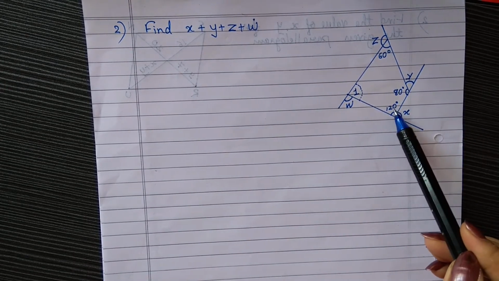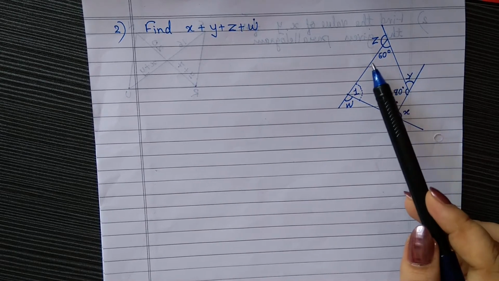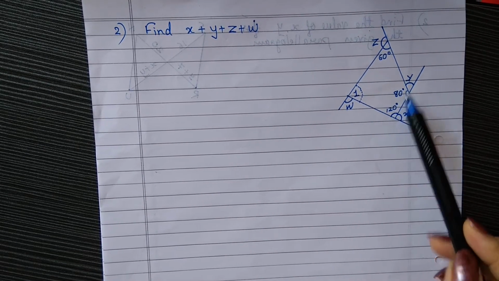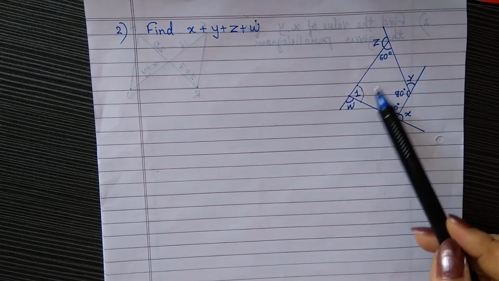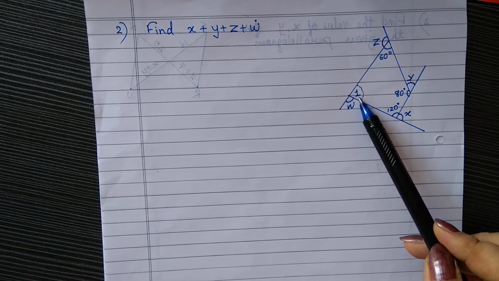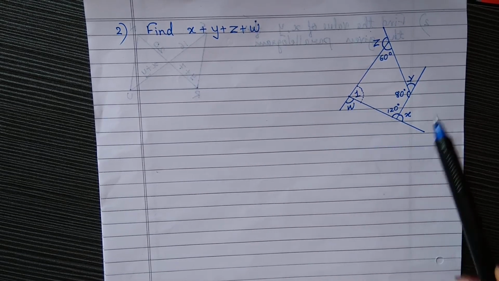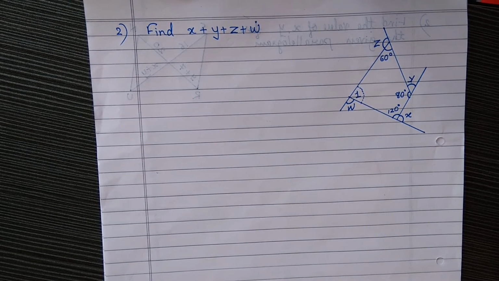Now we have three interior angles. First of all, students, this is a quadrilateral, right? We have four sides, 1, 2, 3 and 4, right? But we have only three interior angles. This angle we don't know. So first of all, we have to find this interior angle. Then we will get the values of all these variables and then we will find the sum of it.